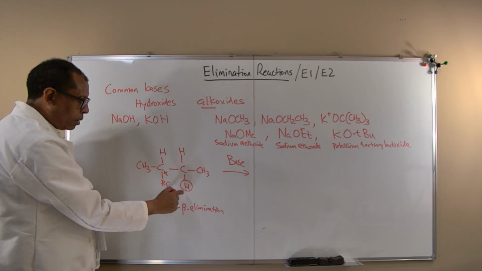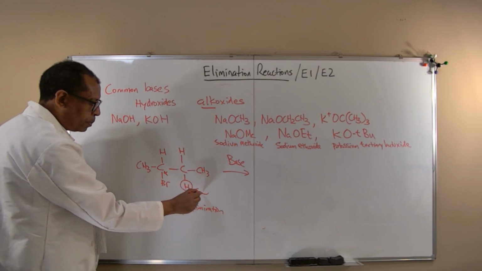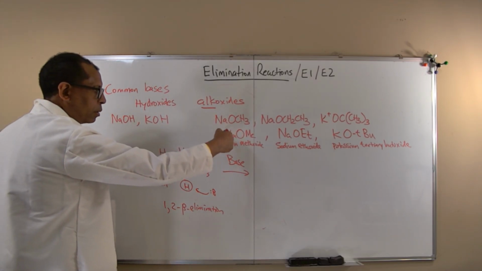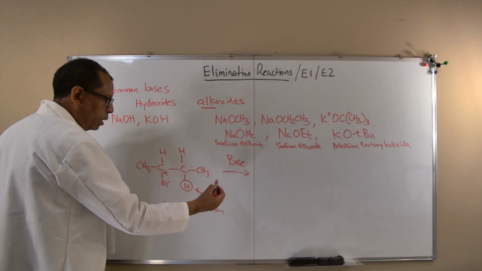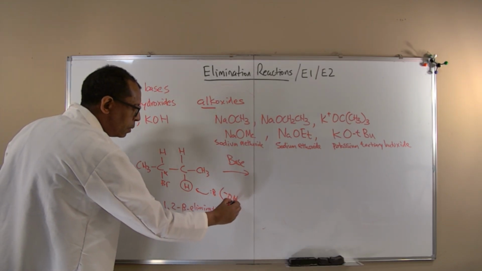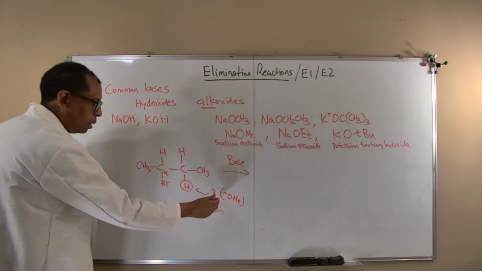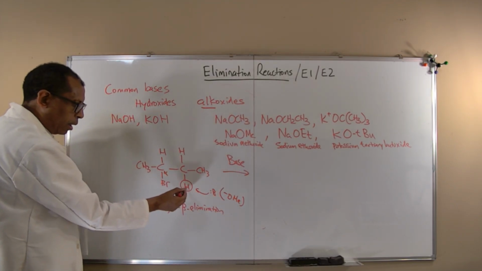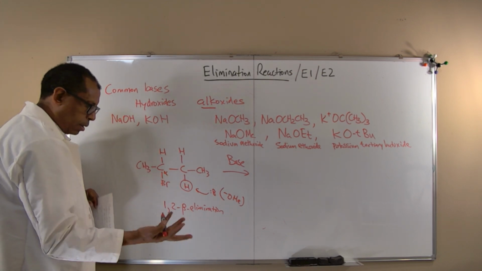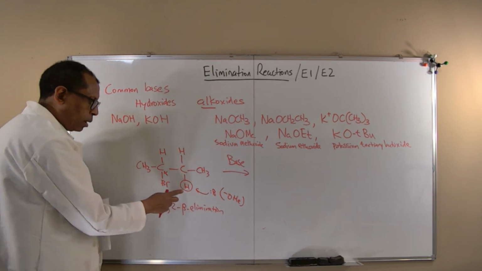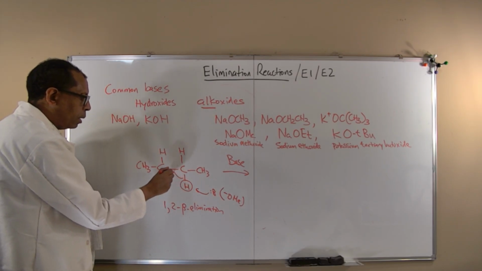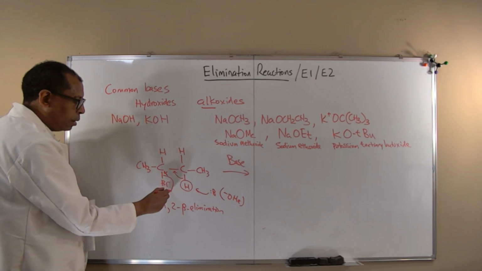By using this, the base comes in, like sodium methoxide or OMe minus, as an example. The methoxide comes in with a pair of electrons and abstracts that proton. The terminology is abstract that proton. A base abstracts this acidic proton. And now the double bond forms here, and the halide is eliminated.